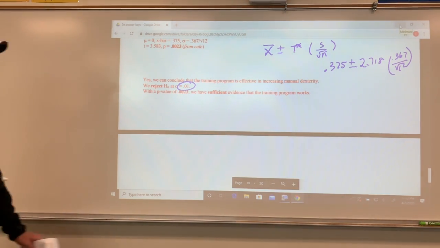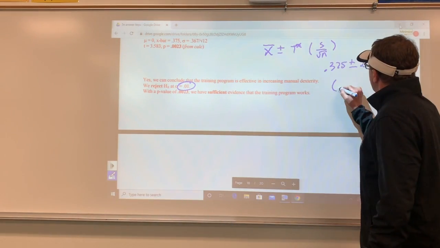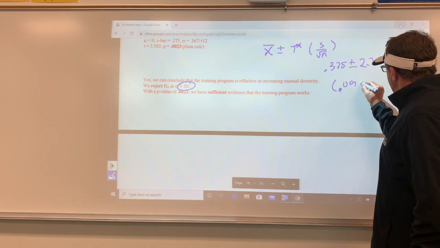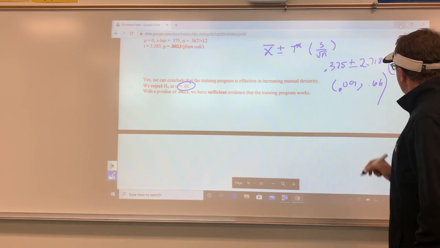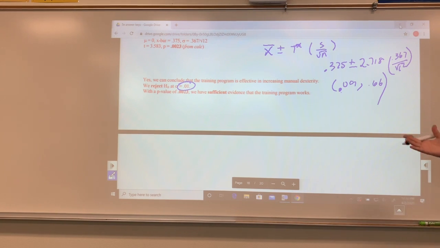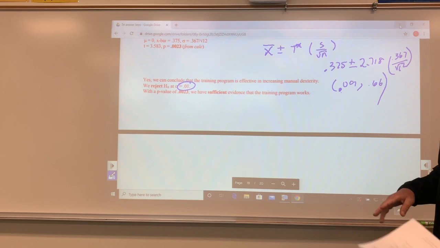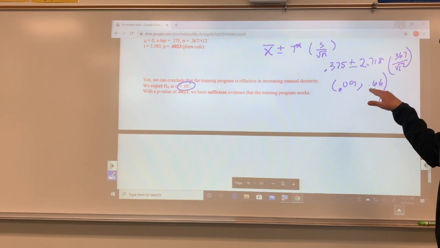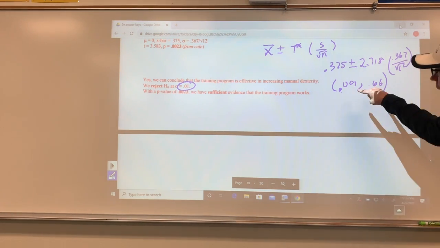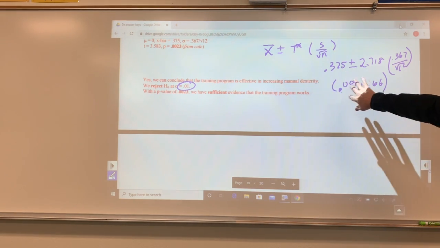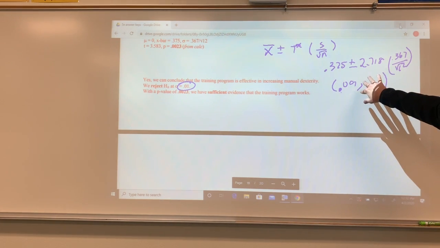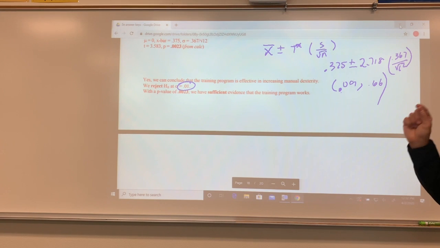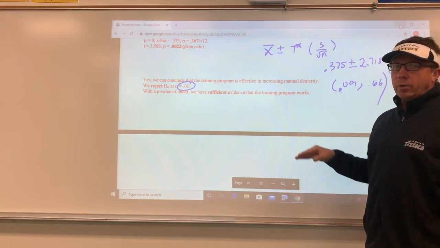Okay? 0.09 and 0.66. All right, now, with that, when you have it like that, what you're looking for is 0 in the interval or not. 0 is not in the interval. The whole interval is greater than 0. That's why you can conclude that there is sufficient evidence that the training program works.